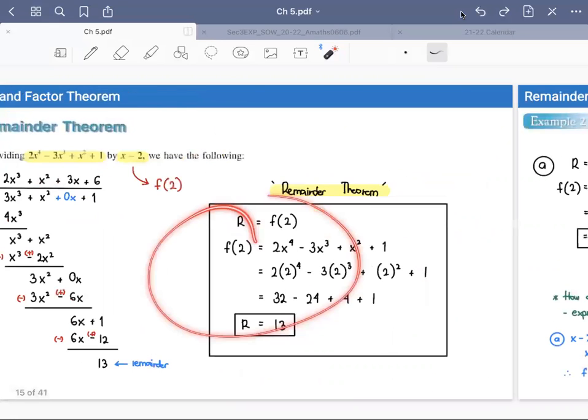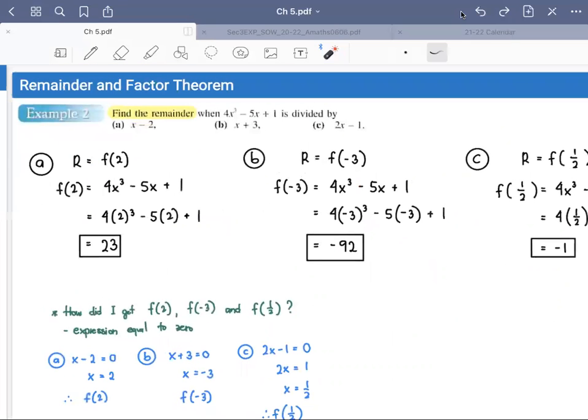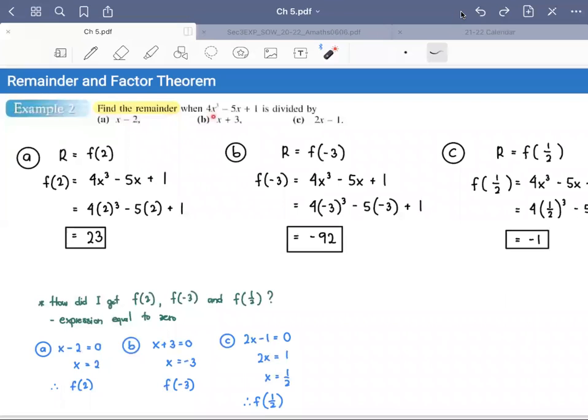Now let's have example number 2. Let's find the remainder when 4x to the power of 3 minus 5x plus 1 is divided by x minus 2, x plus 3, and 2x minus 1. So for letter A, x minus 2. What is your function here if it's x minus 2?